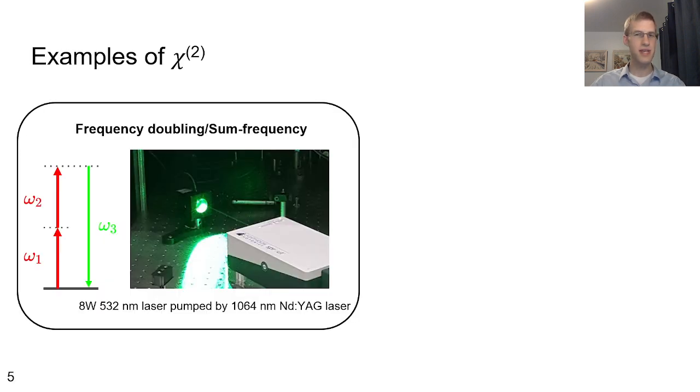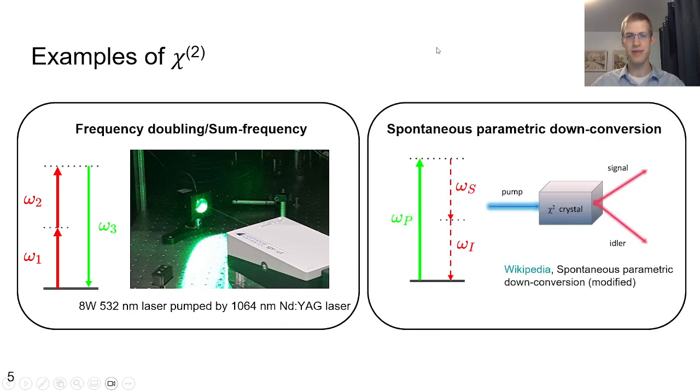So here are some other examples of Chi2 nonlinear systems. In our lab, we have this green laser downstairs. Behind the scenes, it's really a 1064 laser that combines through a crystal to produce this very bright 532 nanometer laser. Now, kind of the opposite process of this frequency doubling is spontaneous parametric downconversion.